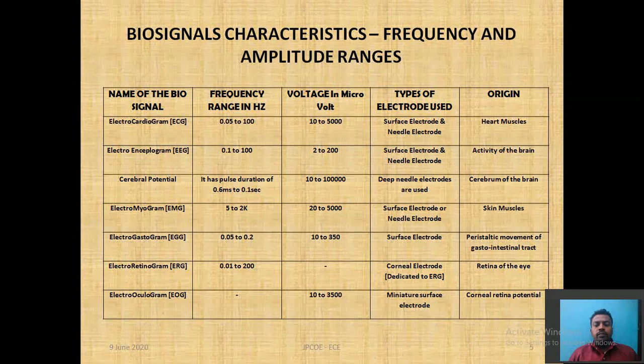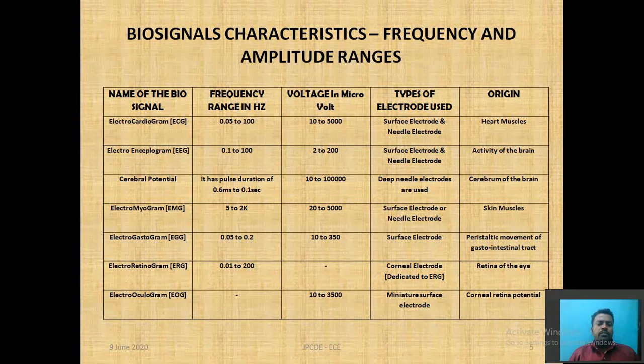The types of electrode used to measure ECG are surface electrodes and needle electrodes. Most ECG measurements use surface electrodes only, because we have a use-and-throw surface electrode that looks like a sticker. They place the sticker, connect the lead wire, then measure the ECG. After that they throw it out. That is a use-and-throw electrode, currently available, very low cost.